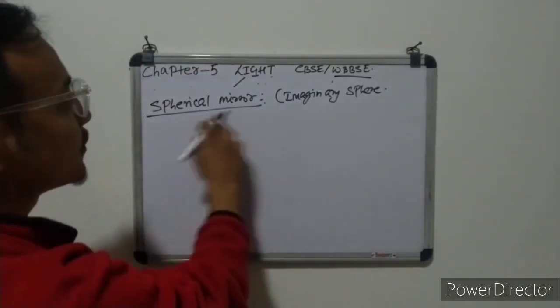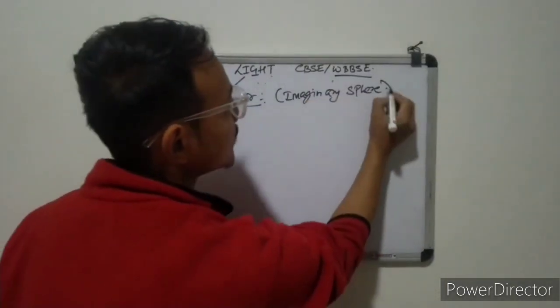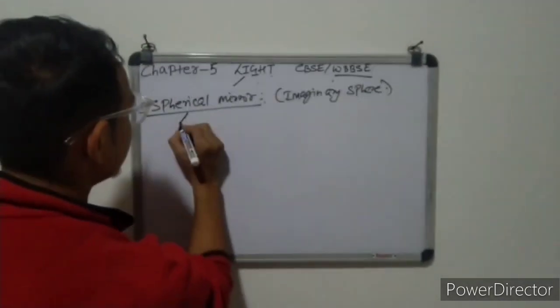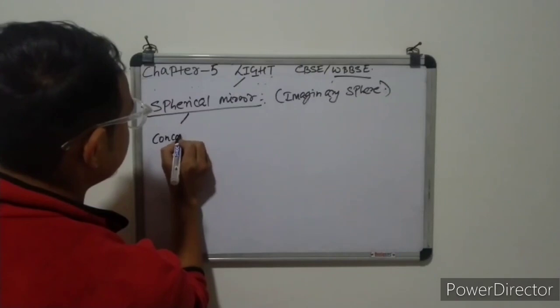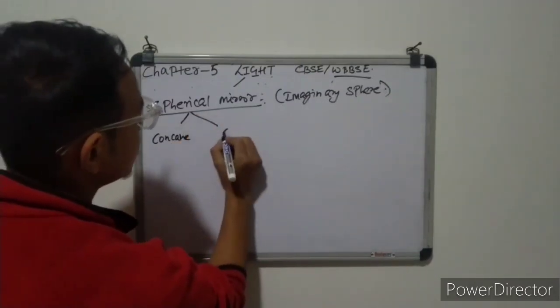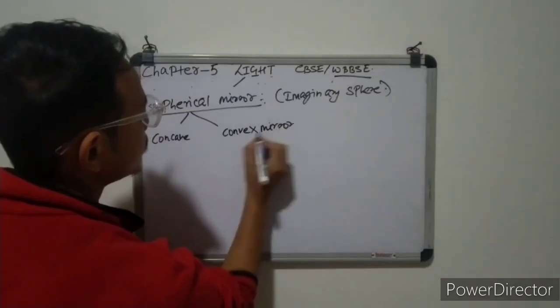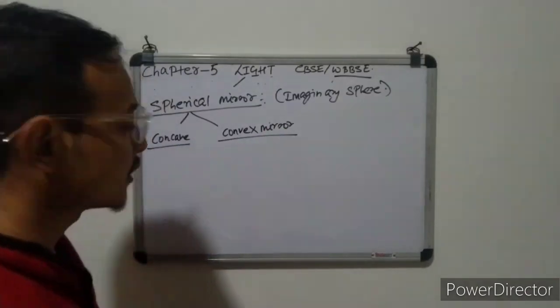So a spherical mirror is actually an imaginary sphere. It is of 2 types: concave mirror and convex mirror. So we will now learn about the concave mirror and convex mirror.